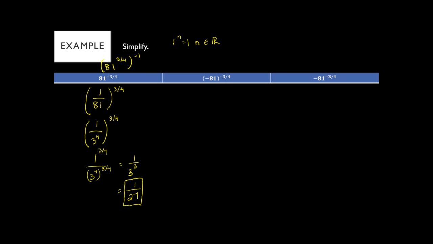Middle example here, again, we have the -81, and then it's to the -3/4 power. Because the denominator is even, the denominator on the 4, we've got an even number right there, and then we've got a negative inside the parentheses there. That combination means that it is not a real number.